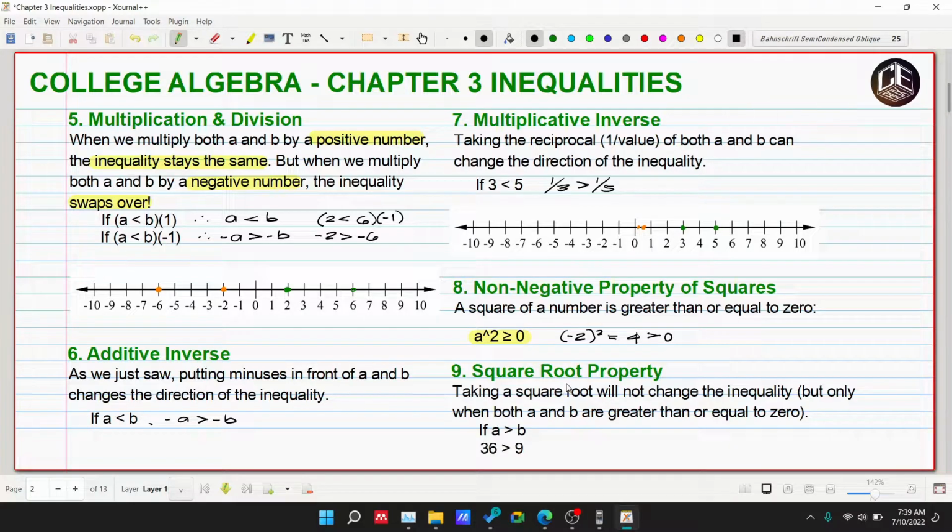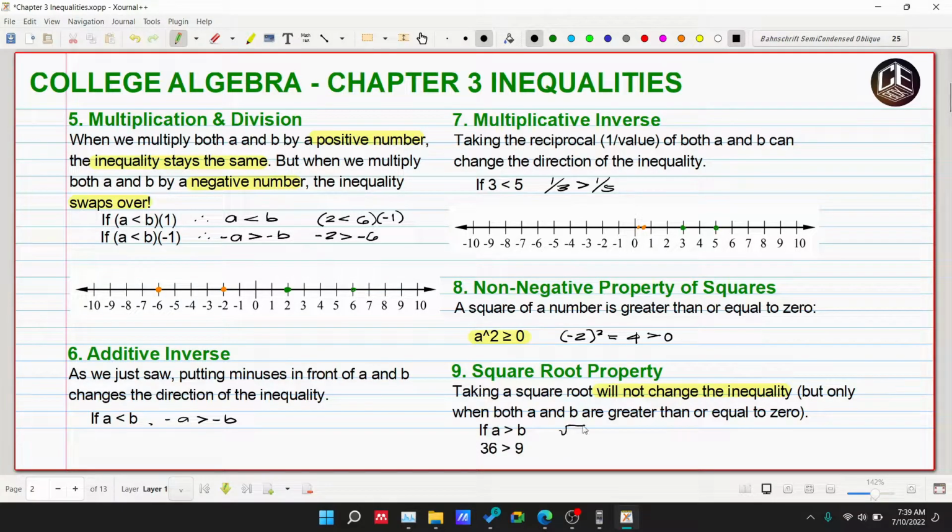Okay? The square root property, taking the square root will not change the inequality, but only when both a and b are greater than or equals to 0. And if a is greater than b, for example, a is 36 and b is 9, alam natin na 36 is greater than 9.